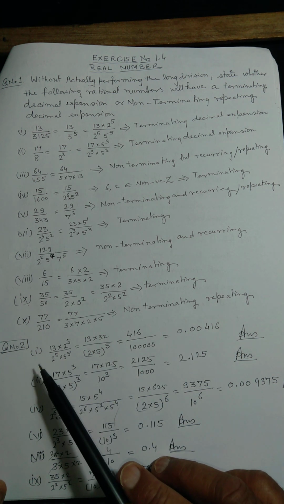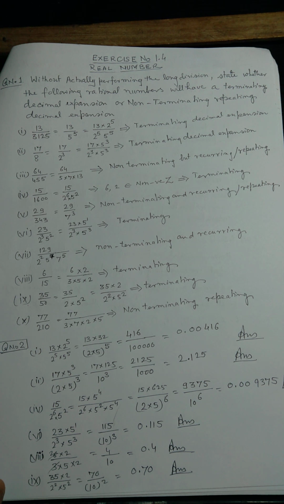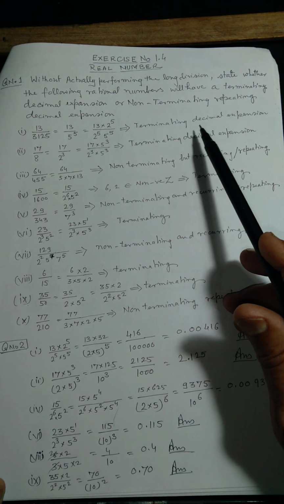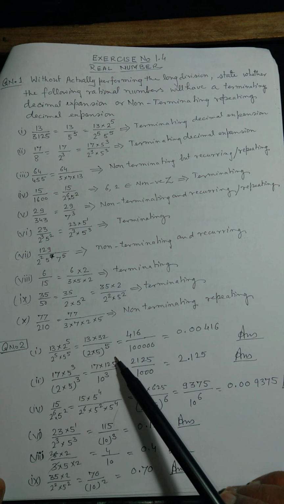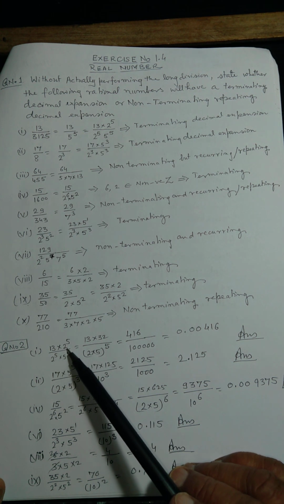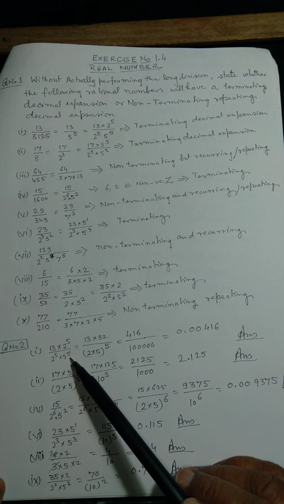Now proceed to question number 2, which states: write down the decimal expansion of those rational numbers in question number 1 above which have terminating decimal expansions. Now you see, which have the terminating decimal expansion? The first part I have solved here: 13 into 2 raised to power 5 divided by 2 raised to power 5 into 5 raised to power 5.